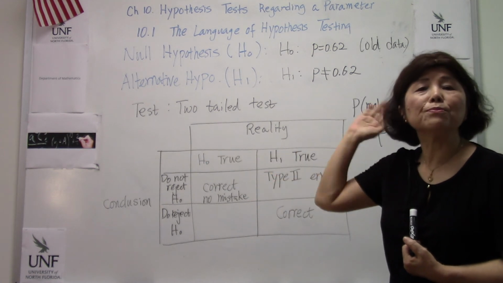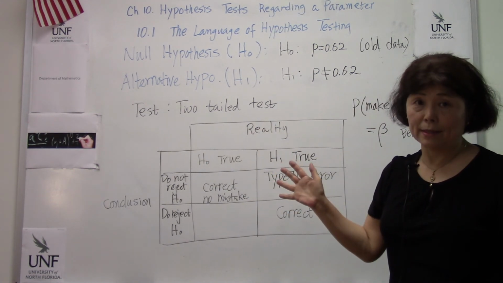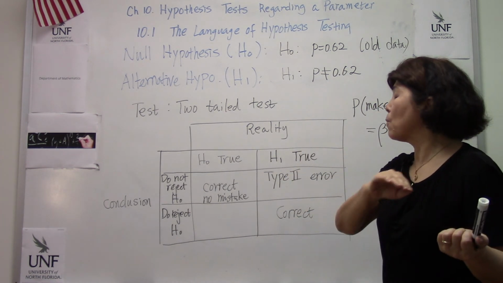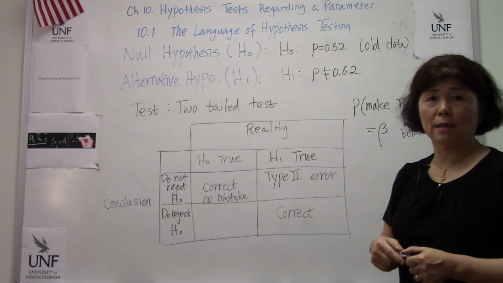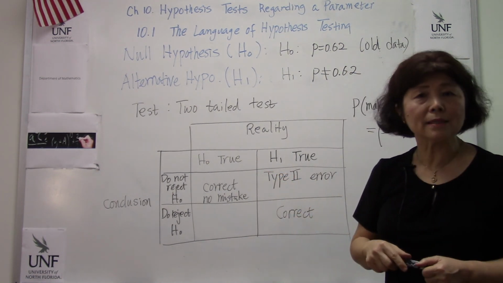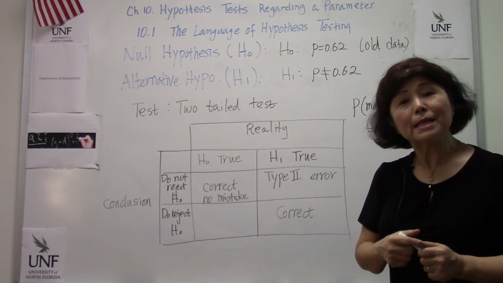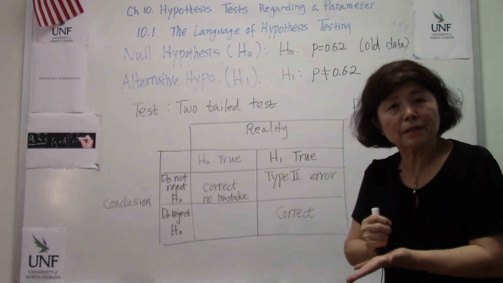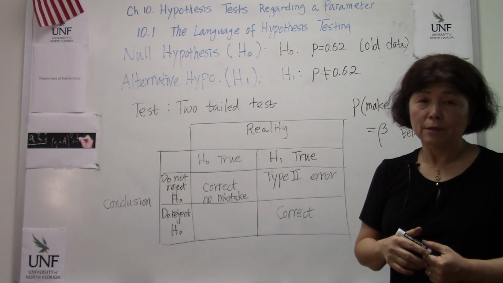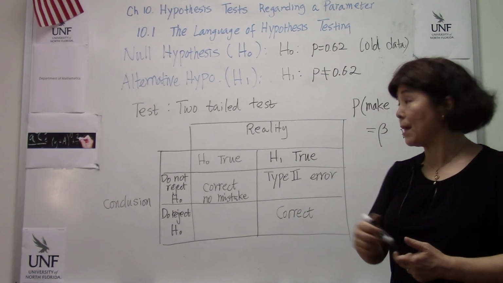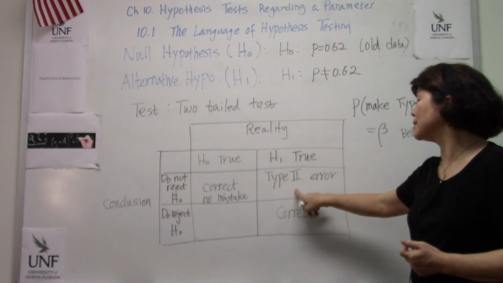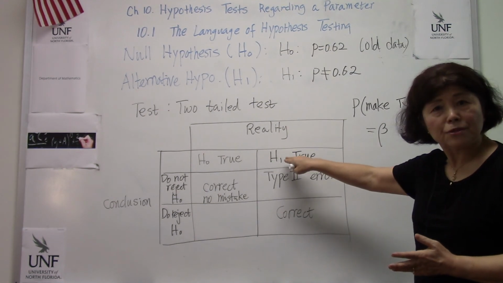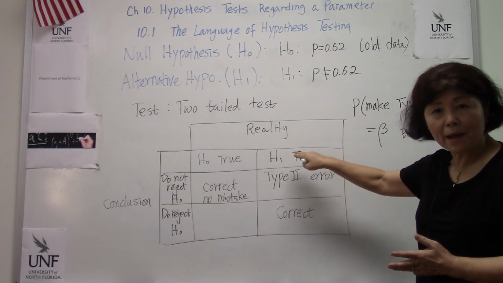We believe the prosecutors are right, so we reject your innocence even though that person is innocent. That is the same as throwing an innocent person into jail. That is very, very serious. On the other hand, in the other case H1 is true, so the prosecutors are right. They did the job.